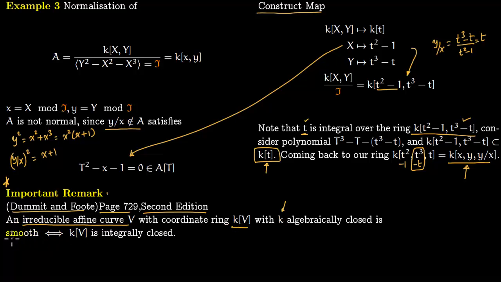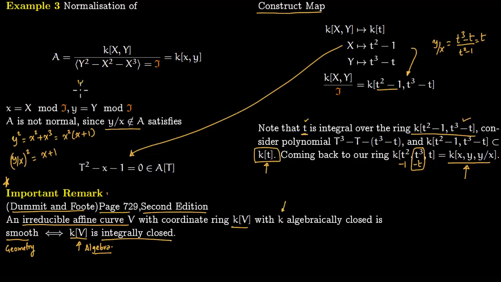So this curve is smooth, so this is geometry, if and only if this k[V] is integrally closed, and this we saw in algebra just now. So none of the three rings which we discussed were integrally closed. So none of the curves defined by this equation or the other two are smooth.